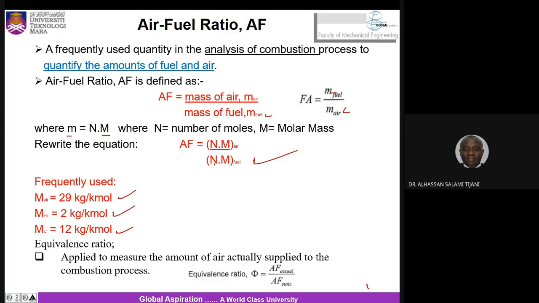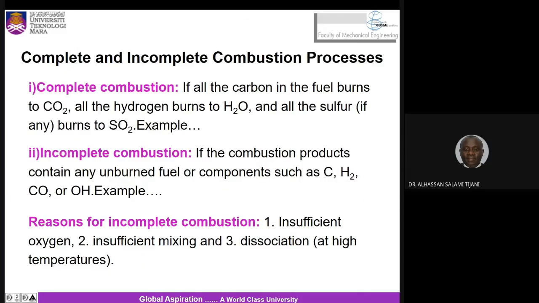So equivalence ratio, phi, is defined as the air fuel ratio for actual combustion divided by the air fuel ratio for stoichiometric. I'll tell you the difference between these two later on. What do we mean by actual combustion and what do we mean by stoichiometric?